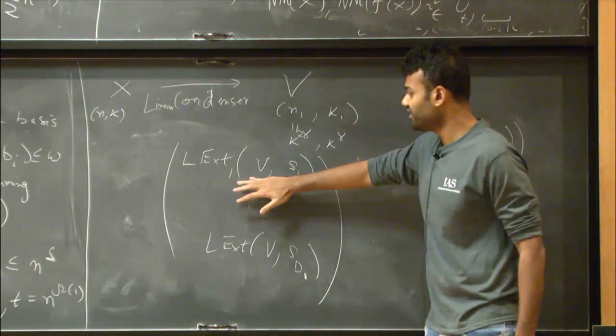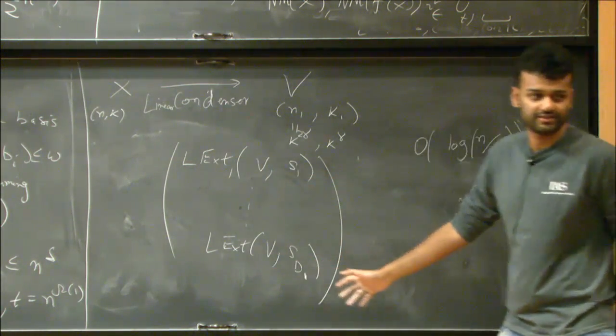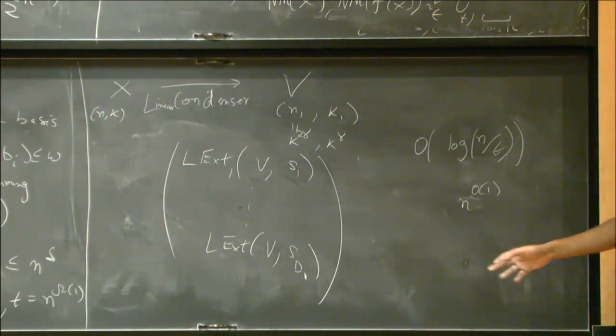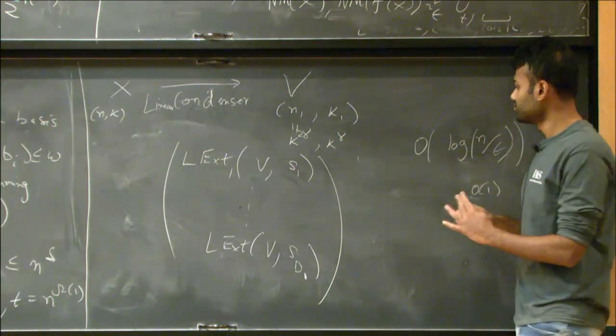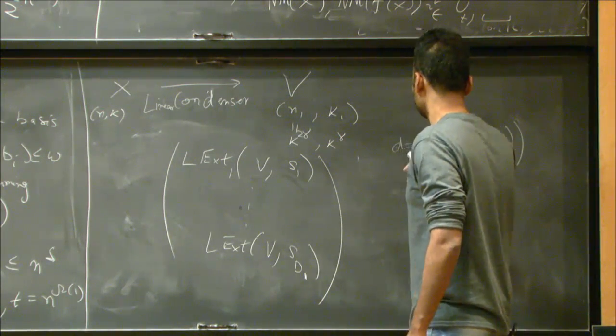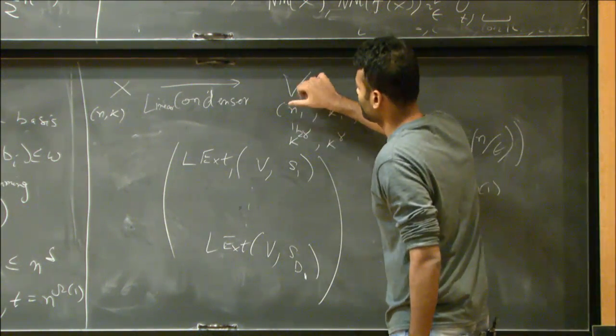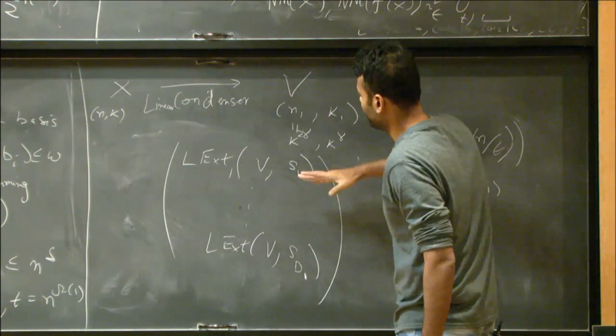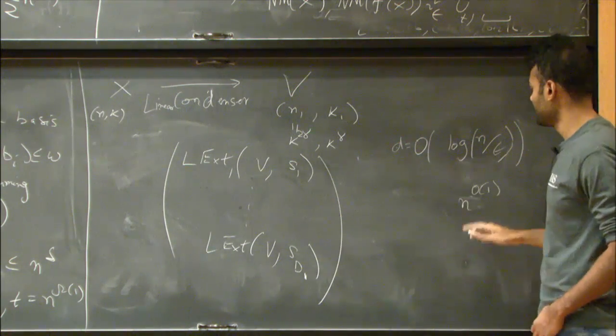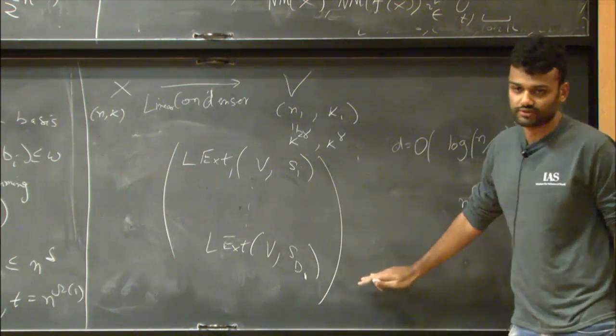So instead of v, if you took x and ran over all the seeds, since the seed length is d, 2 power d would be polynomial in n. So instead of doing this, first we shortened it to a smaller length source. And now by running over all the seeds, we have much more control over the number of rows.